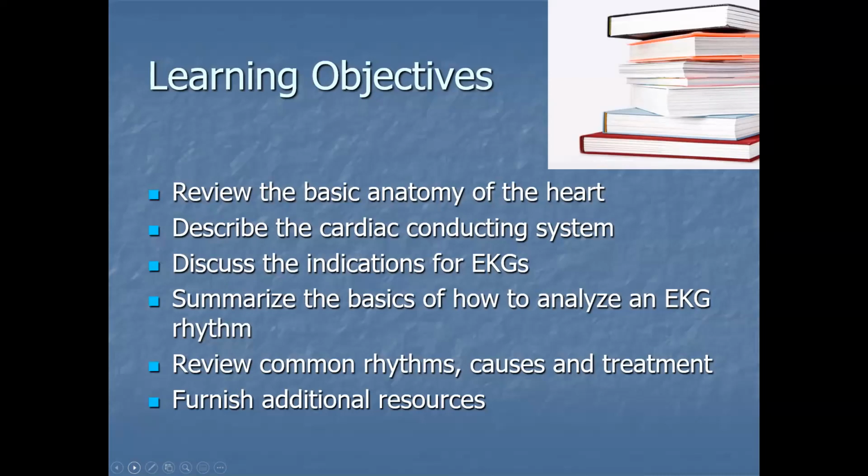Discuss the indications for ECGs or EKGs. Summarize the basics of how to analyze an EKG or ECG. Review common dysrhythmias, or abnormal rhythms, their causes, as well as some of the basic treatments, and to furnish you with additional resources if you want to drill down and learn more about this topic.